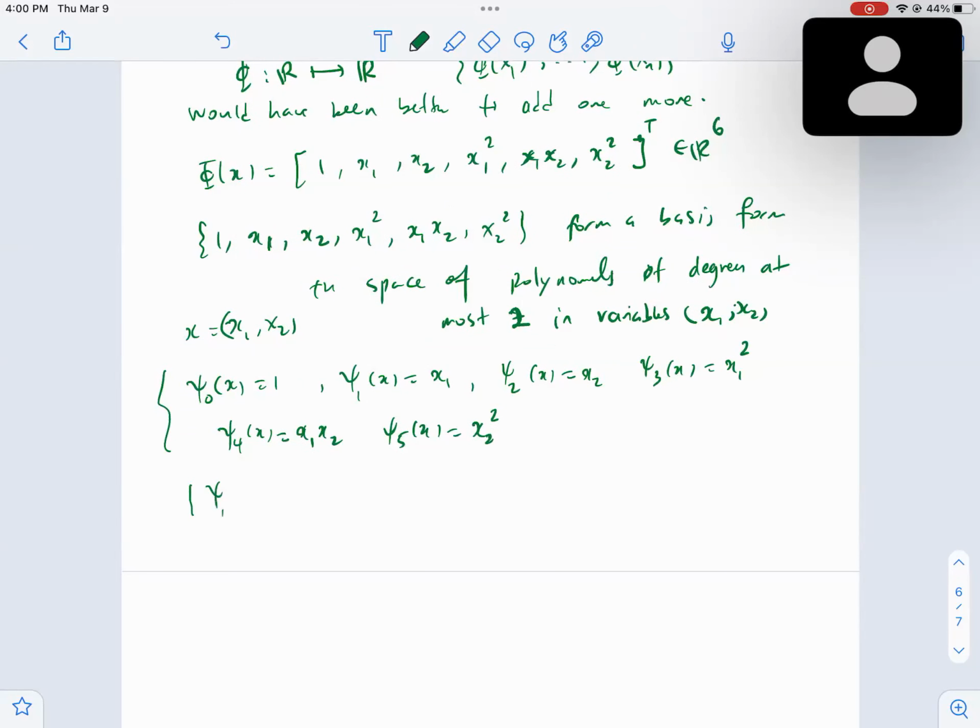So psi 0 up to psi 5 as functions form a basis for, let's say, polynomials of degree 2.